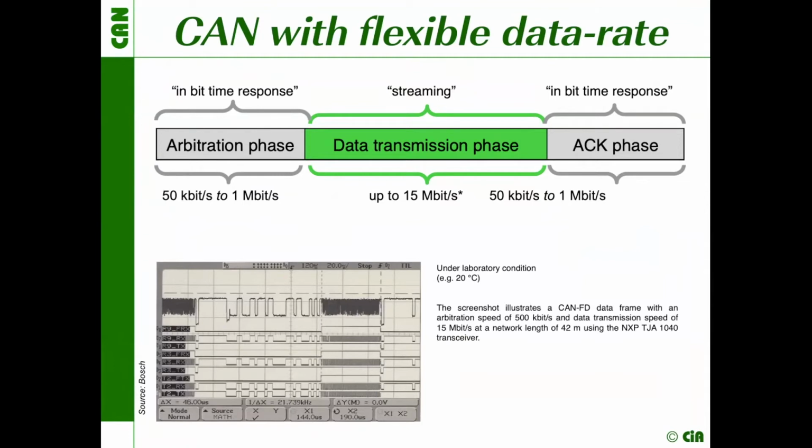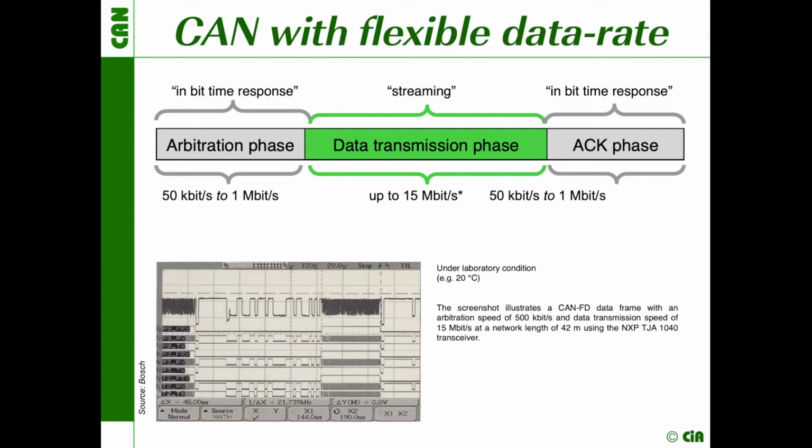That's been identified by the priority in the identifier. Then when the one device with the highest priority message is being found, it transmits its data, and afterwards we acknowledge it. The same applies for CAN FD. We have the arbitration phase, the data transmission phase, and the acknowledge phase.